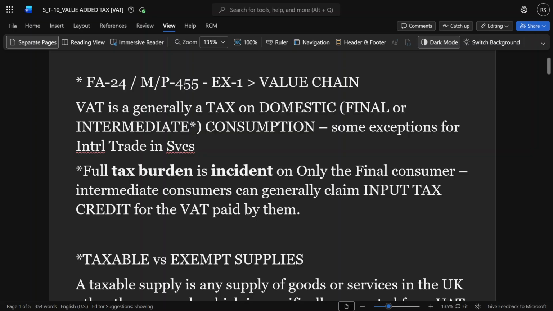Zero VAT, zero rated VAT. But if a French winemaker is shipping wine to London, you're importing wine from France, is that going to be consumed in the UK? Yes, right? So now you know that is chargeable to UK VAT, because that wine being brought in from France will be consumed in the UK.